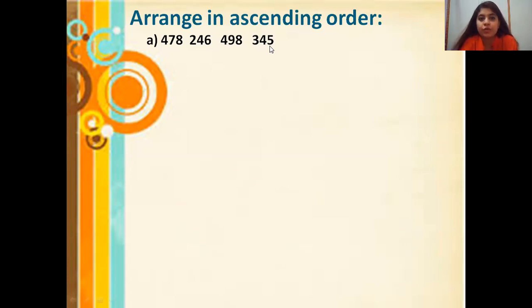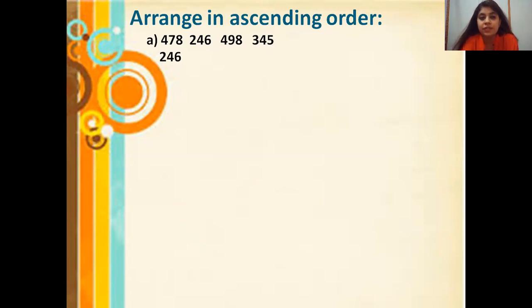Now, when we go for ascending order, first we look at the number from the hundreds place. Which number is the smallest? Can you see which number is the smallest? Yes, 246. So first we'll write down 246.